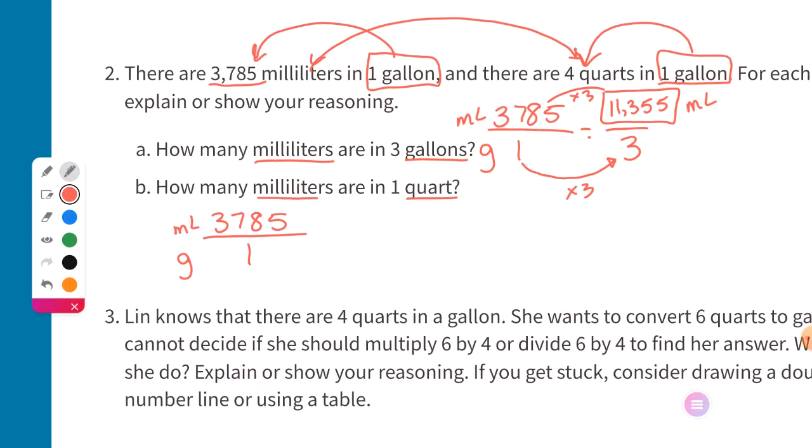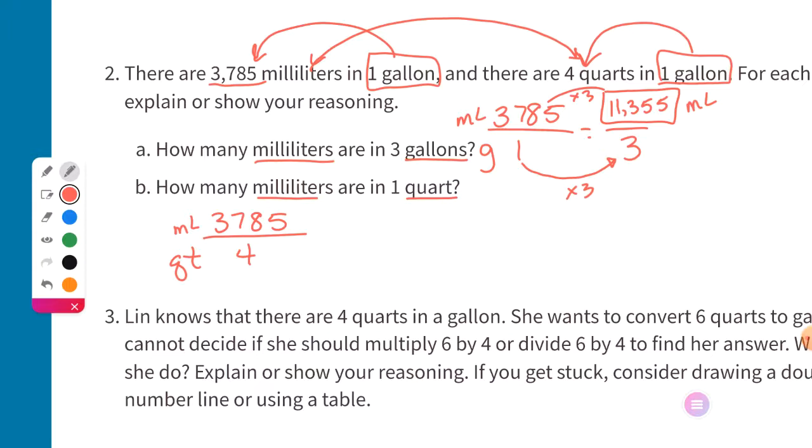So we could have changed this to 4 quarts. Because if 3,785 equals a gallon and 4 quarts equals a gallon, then 3,785 milliliters equals 4 quarts.